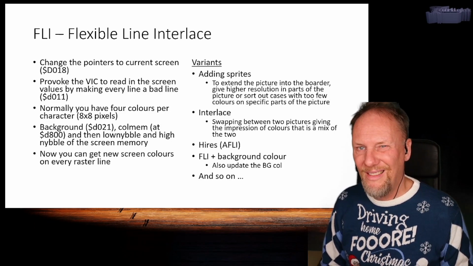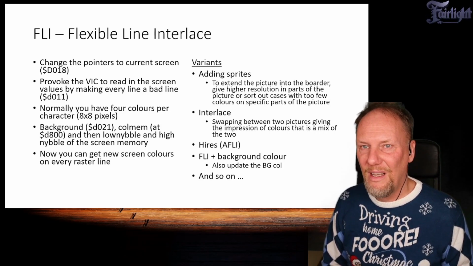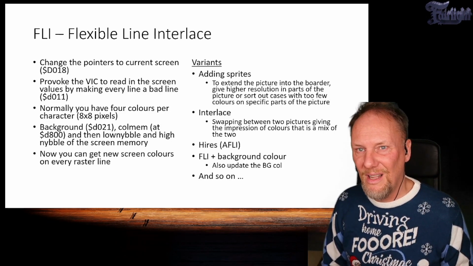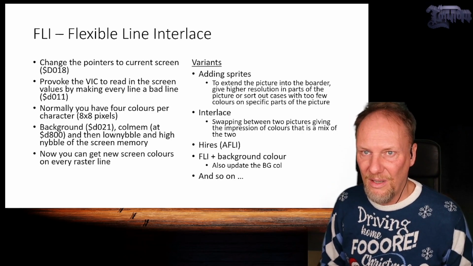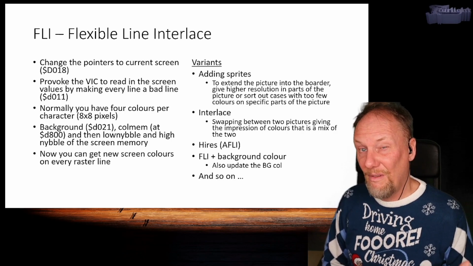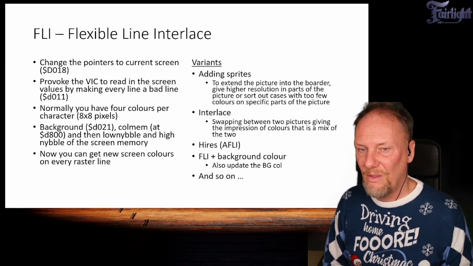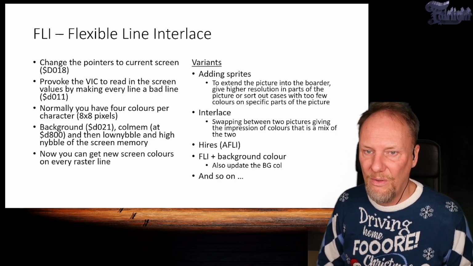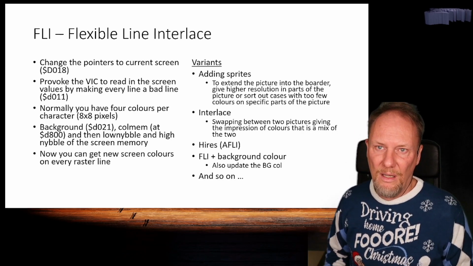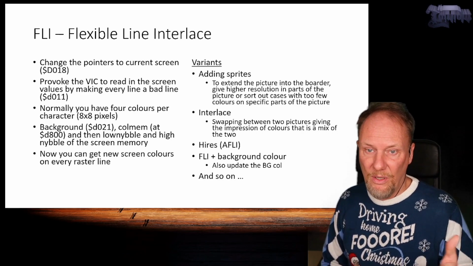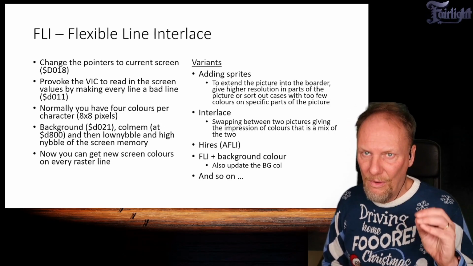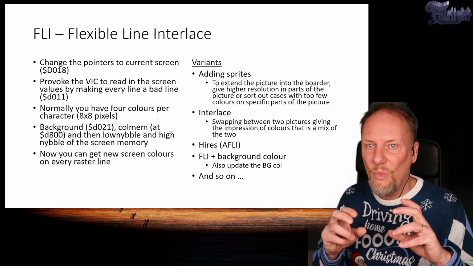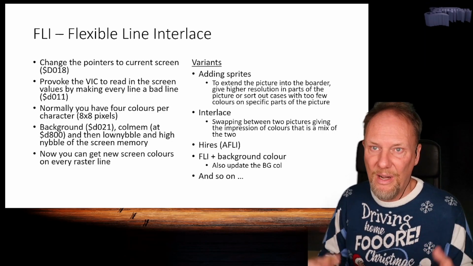You want to add another color, but you don't have any color available there. Then you could just add a sprite that has that particular color, and then you suddenly have a higher resolution at that particular point on the drawing. If you have a multicolor picture, you can also add sprites. You can have high-res sprites, so you can have full resolution in parts which is done by the sprites.